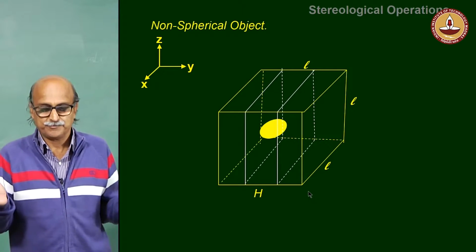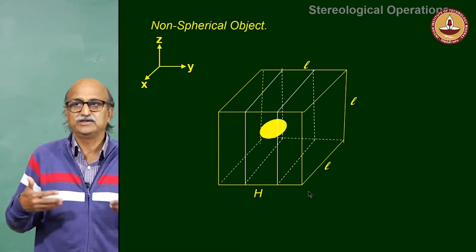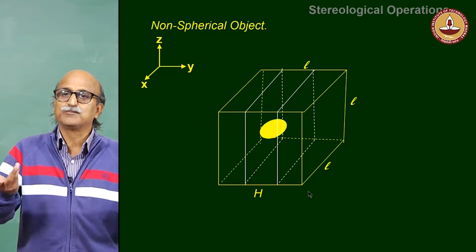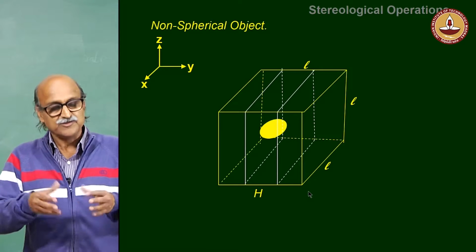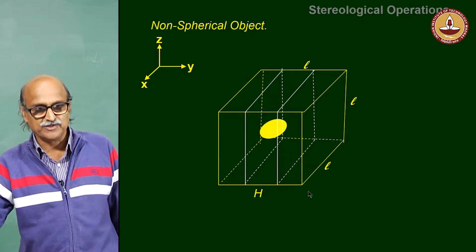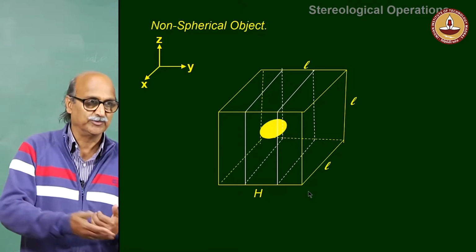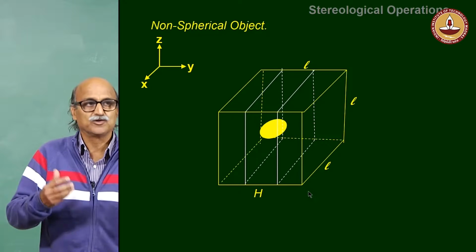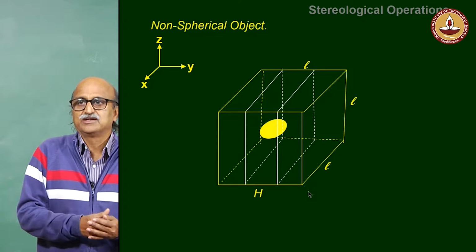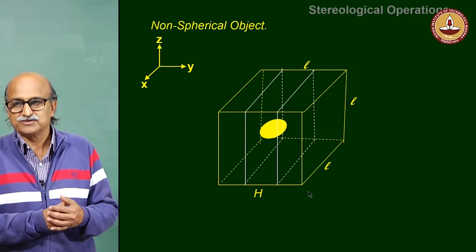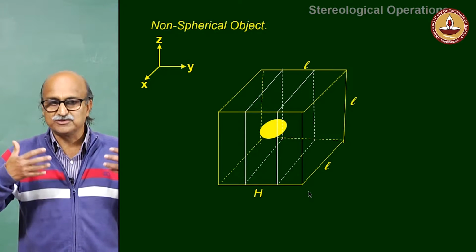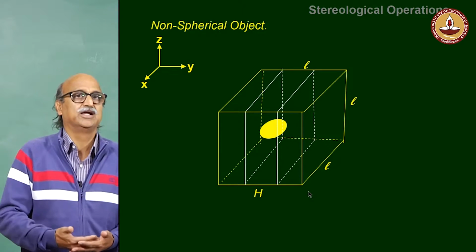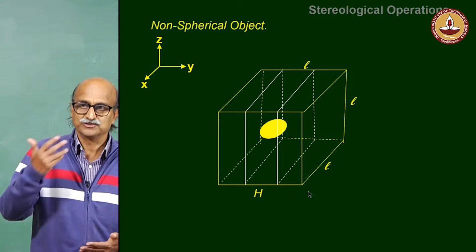But now the question arises that this is a non-spherical object and it can take up any orientation. That means in a different orientation the probability would be different, in another orientation the probability would be different. Hence, we need to come up with some kind of an average parameter for this object, an average dimension, and that average dimension divided by L would be the probability of cutting this object.